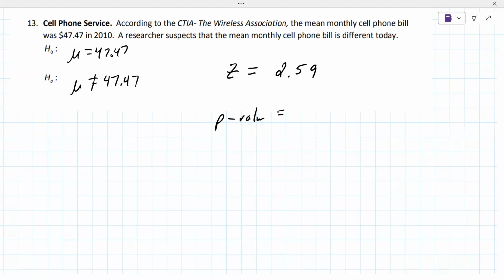I don't know if this is correct or not, but I got 0.0096.